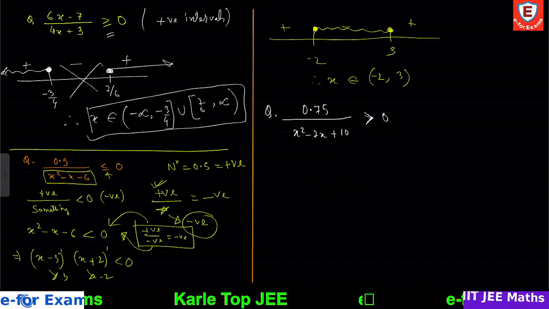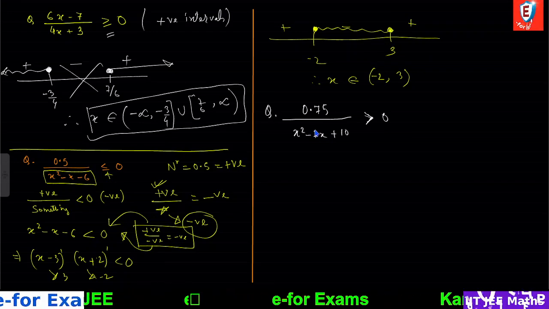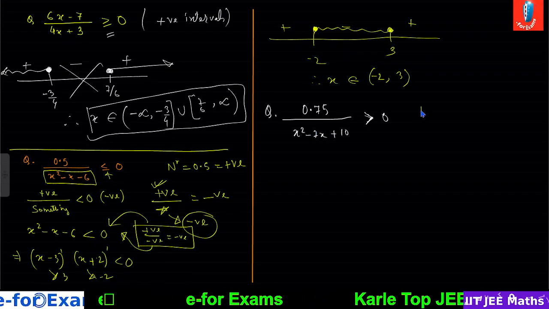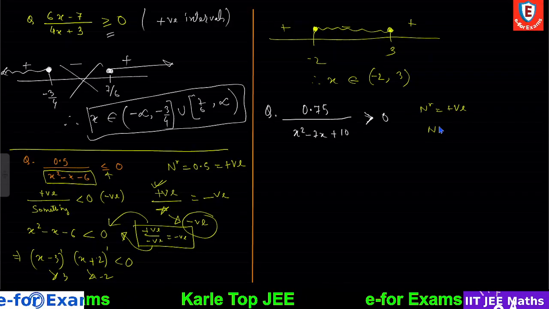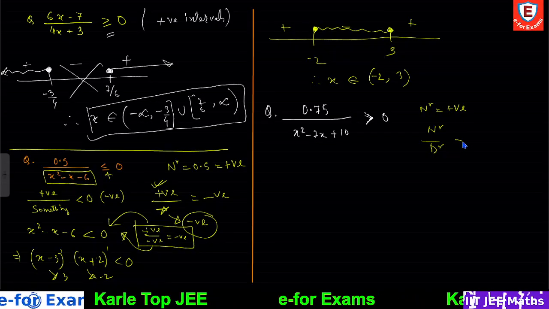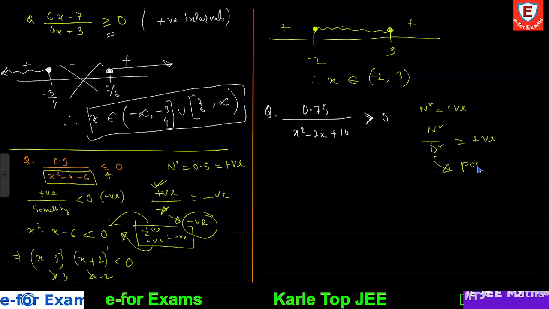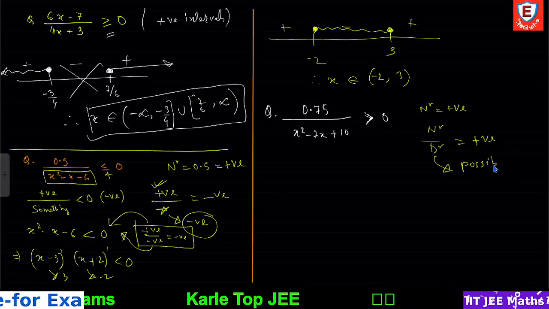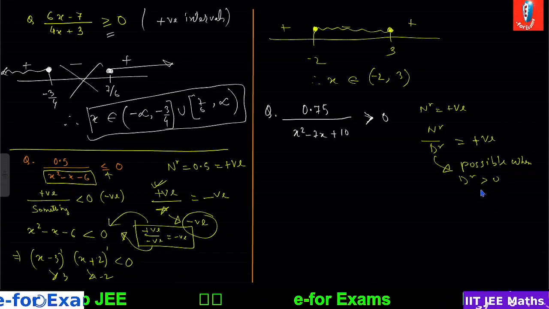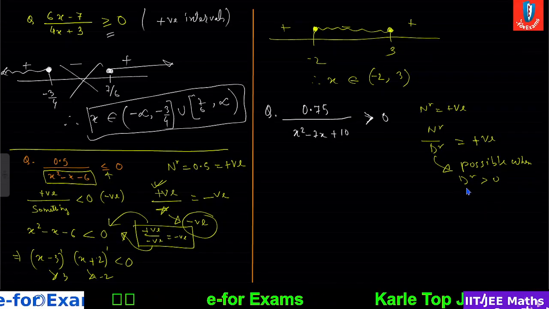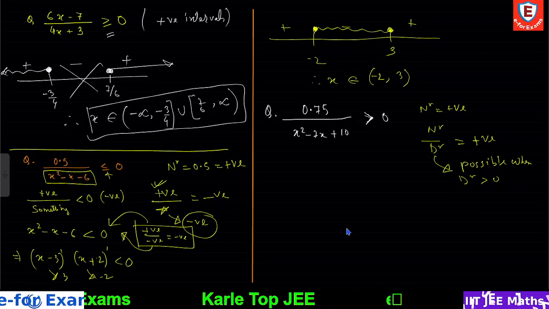Okay, now in this case the numerator is positive and numerator divided by denominator equal to positive, which is possible only when the denominator is greater than 0, right? Positive by something equal to positive, then that something must be positive.